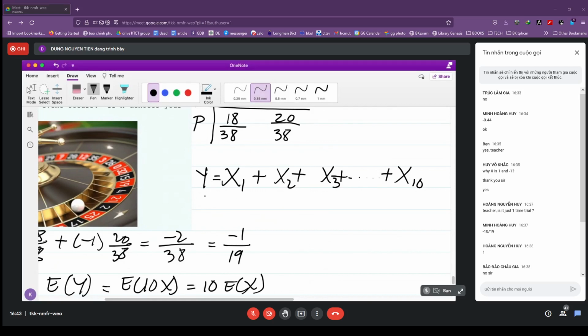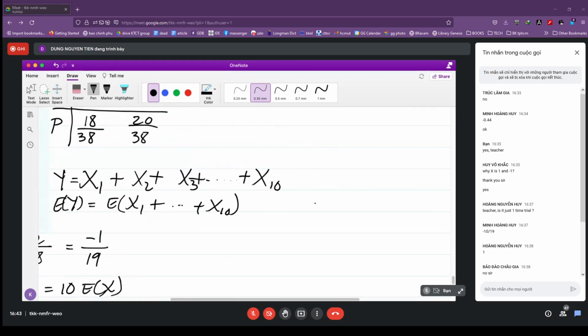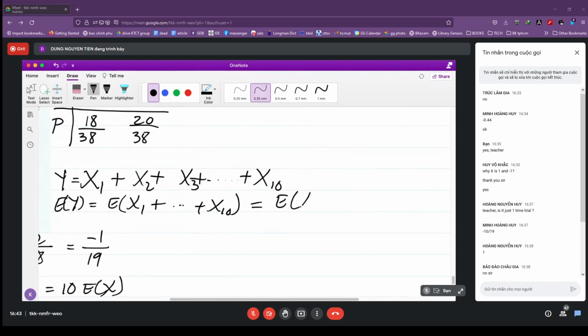Okay. Then you come up with the mean of Y equals the mean of X1 plus ... plus X10. Well, if you want to explain it clearly, this is the way we do it. Then you come up with the mean of X1 plus ... plus the mean of X10. All right.